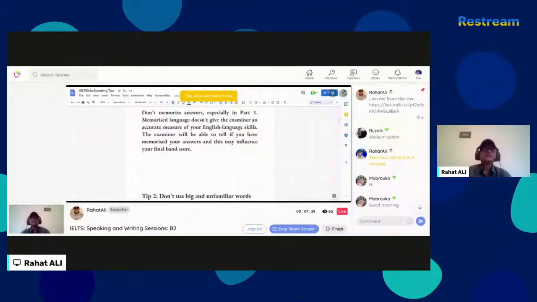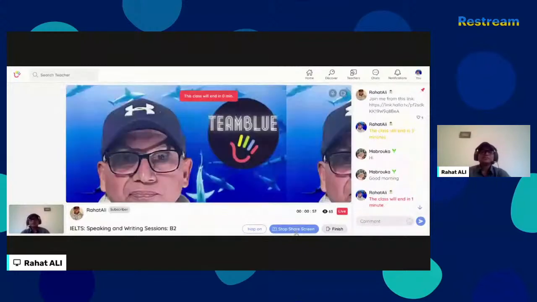So altogether 100%, which is 9. It is very easy to get band score 8 if you are good at presentation, fluency, grammar, and vocab. But in pronunciation, sometimes it will be difficult to have accuracy. Even if you get 50% in pronunciation and 100% in all three other sections, you get band score 8.